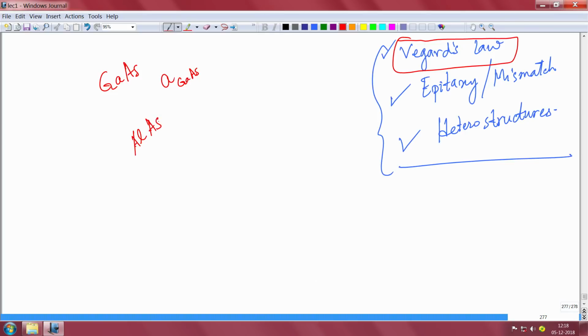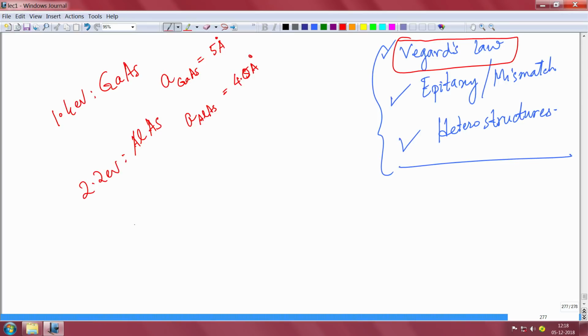The band gap of gallium arsenide is 1.4 eV and that of aluminum arsenide is around 2.2 eV. Suppose aluminum arsenide has a lattice constant of a of aluminum arsenide. This is also a few angstroms. For example, this can be 5 angstrom. I am just giving an example, I do not recall the exact value. This can be say 4.5 angstrom or 4.0 angstrom, for example.